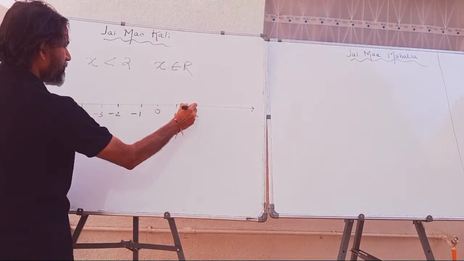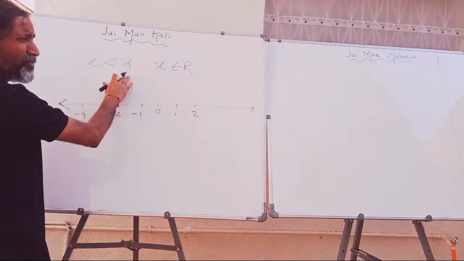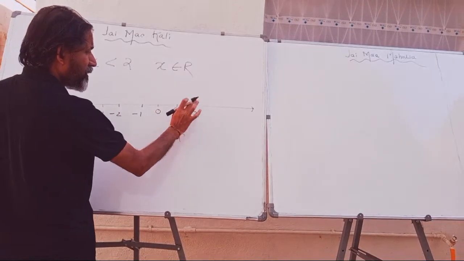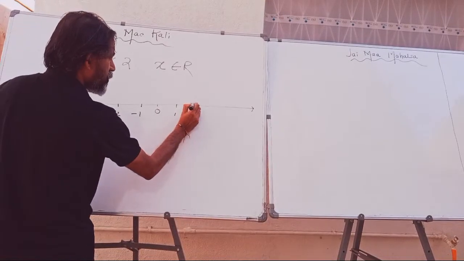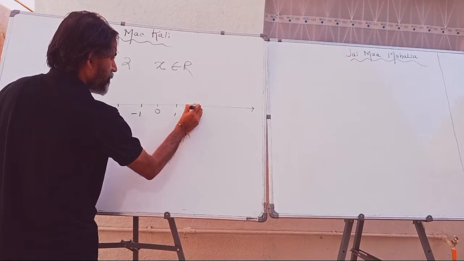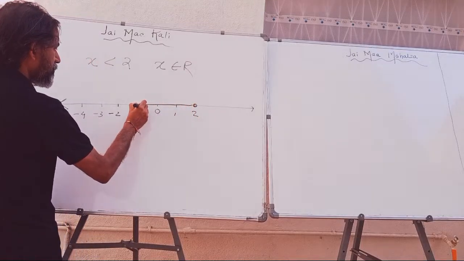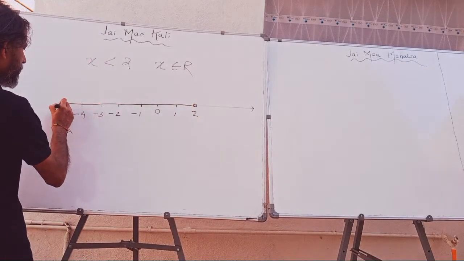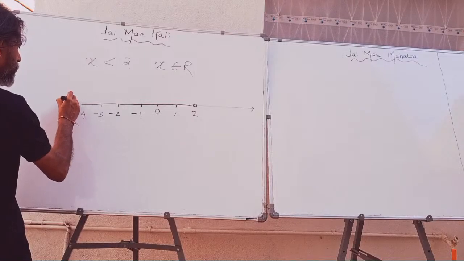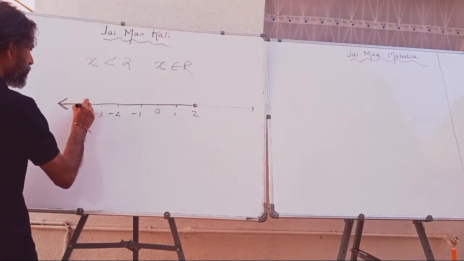In this case, x is less than 2, but it is not equal to 2. So we put a hollow circle here, and all the values to the left satisfy. We bolden the number line, so do it with a ruler.